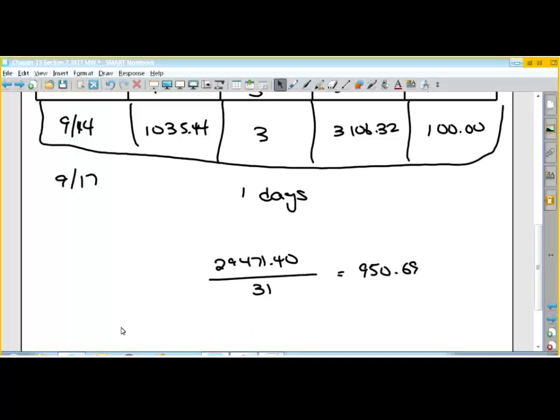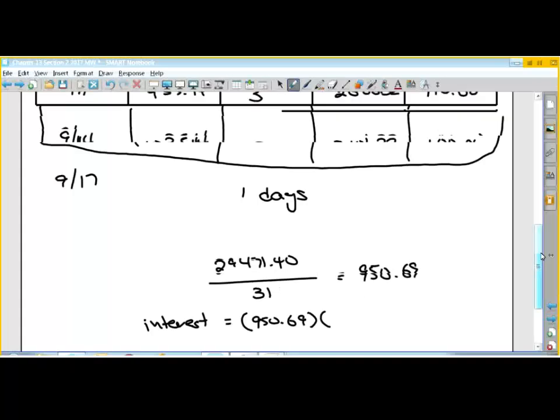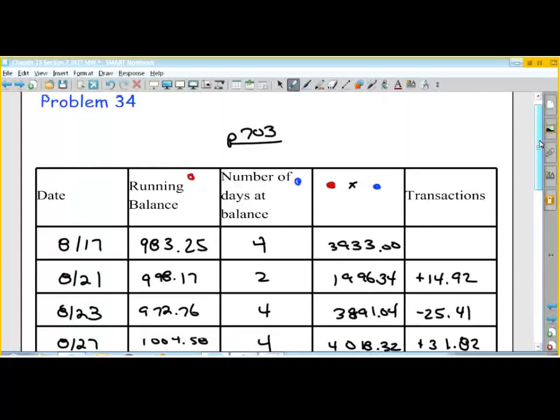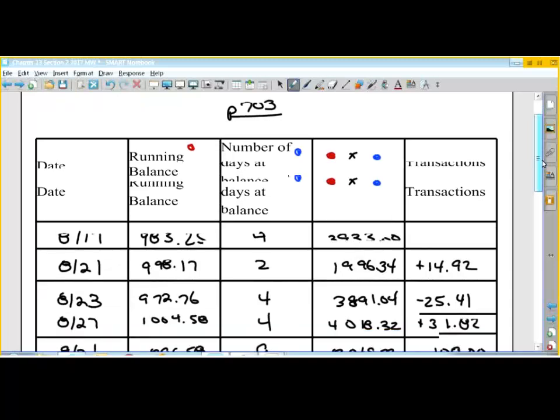Now that's the number that you use to calculate the interest. To calculate the interest for that month, you take the average daily balance and multiply by the interest rate, which is, I don't know what my interest rate was. Did I give that?